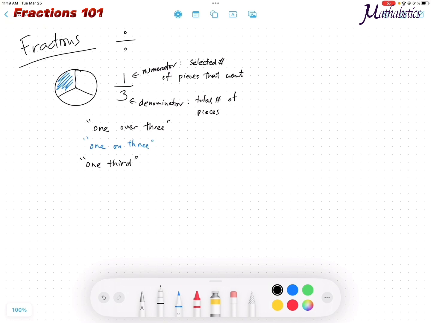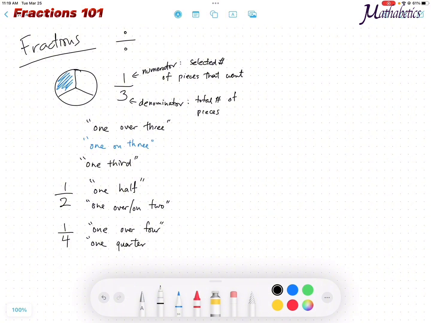Okay, now we're going to give you a few other ones to talk about. What about 1 over 2? Well, we can say 1/2, or we can say 1 over or on 2. What about 1 over 4? 1 over 4, or 1/4. So most of the time you can say the number over the other number.